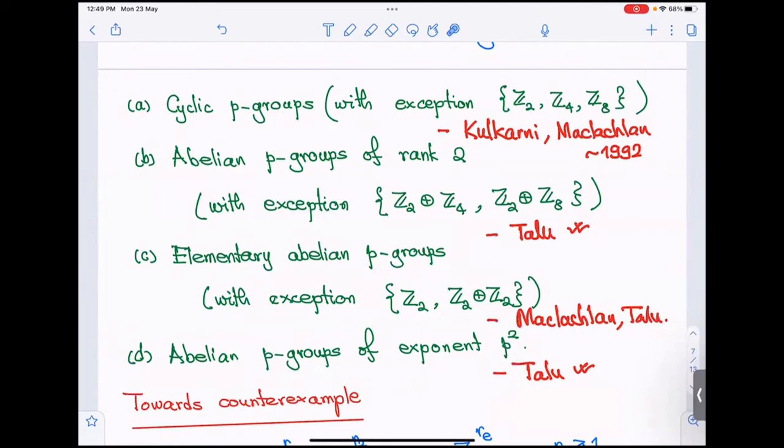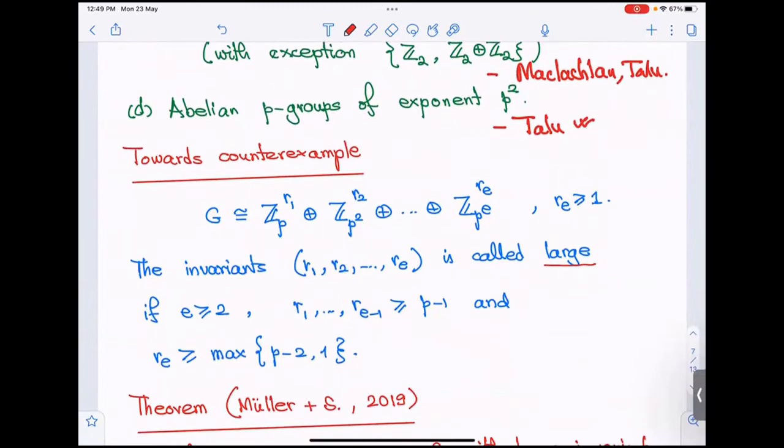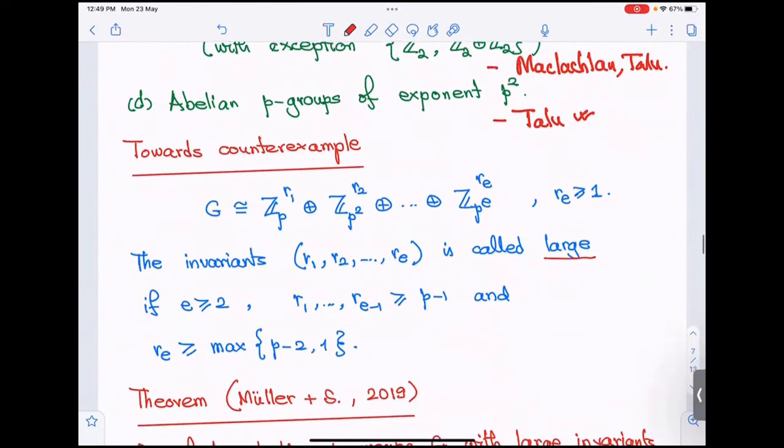Okay, so now let me try to explain where the counterexamples came from. There is something called finite P groups of Gorenstein-Kulkarni type. I'll not be talking about this until probably the end. I was trying to experiment on these groups, and then I found out that among the abelian P groups of this type, some of them show a kind of counterexample to what Tau was expecting.